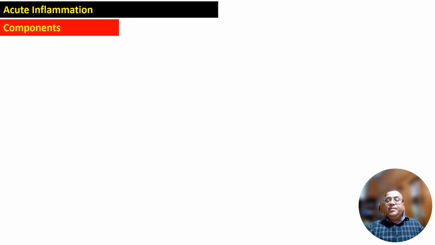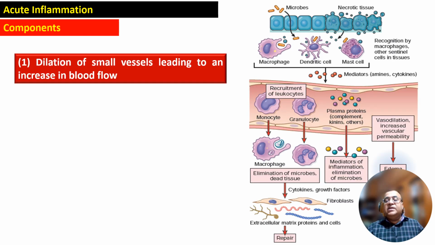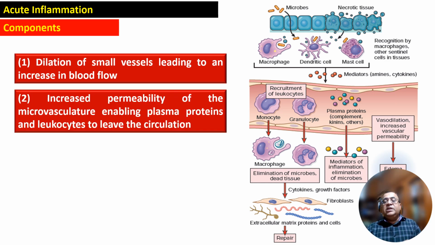So there are three major vascular events in acute inflammation. First, there is dilatation of the small vessels that leads to increased blood flow to that particular area. Then, with the dilatation and increased flow, there is increased permeability of the microvasculature that allows plasma proteins and WBCs, leukocytes, to come out of the vessel.